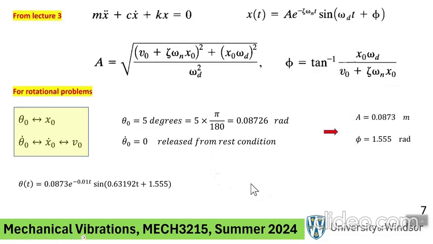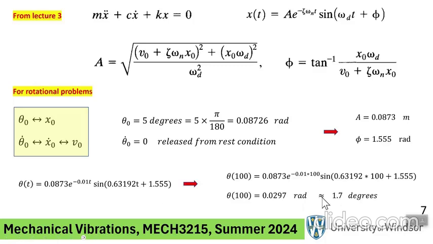All right. Now, if you want to get the angular position after 100 seconds, you just plug in t equal to 100 here, and you work out the number, and it comes out to be approximately 1.7 degrees from the initial equilibrium position. Of course, the answer is going to be in radians, because everything here is in terms of radians. But if you convert it to degrees, it's going to be 1.7.